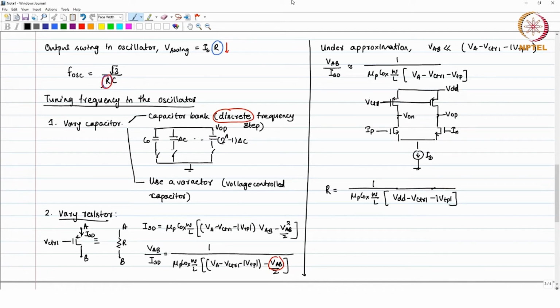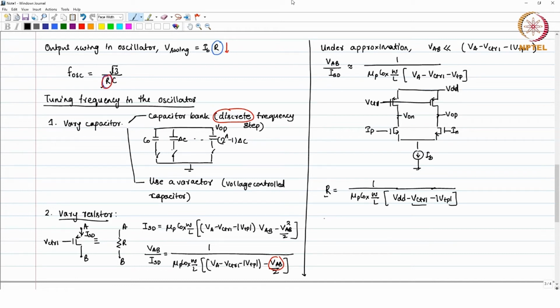Okay. So, what you see here is that I have a resistance which is controlled by the gate voltage V control. The way you are seeing right now, it is inversely proportional to minus V control. So, if you increase V control, your denominator will reduce and resistance will increase.